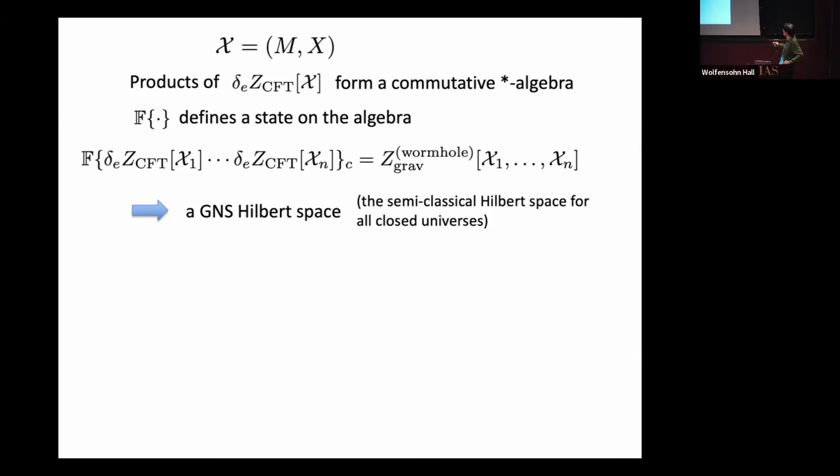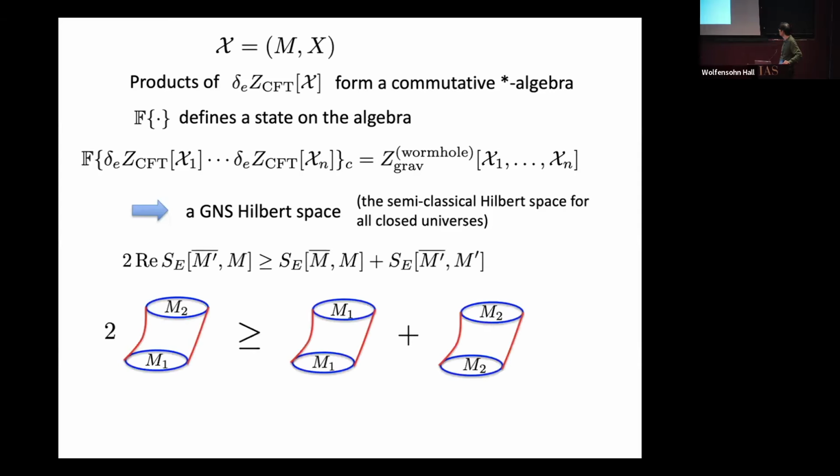And because of this identification, that puts a non-trivial constraint on the wormhole amplitude. Okay, for example, you can show that because of this Hilbert space structure, the wormhole that connects M1 to M2 must satisfy an inequality: its action is greater than the one connecting M1 to M1 and M2 to M2.